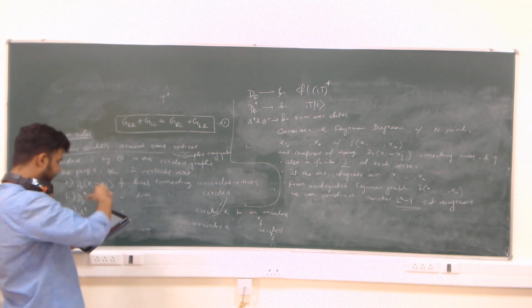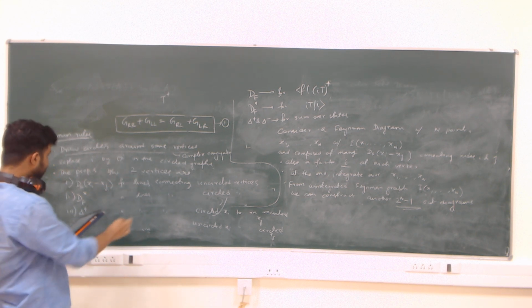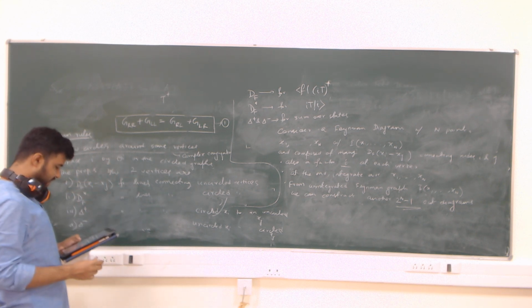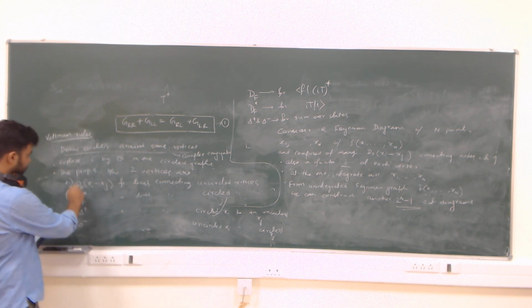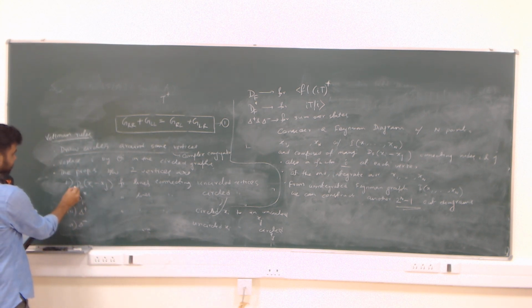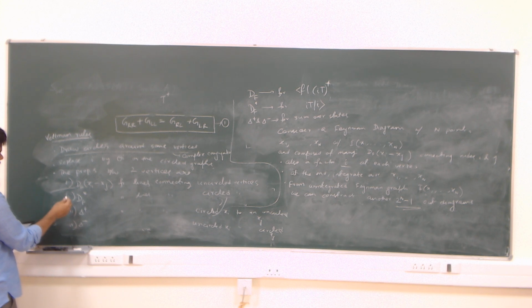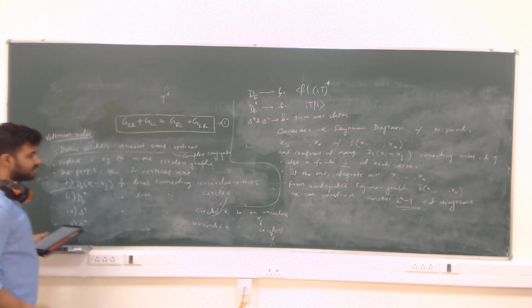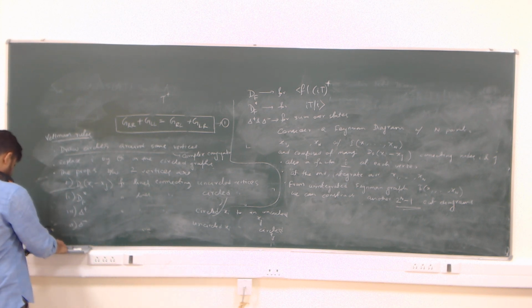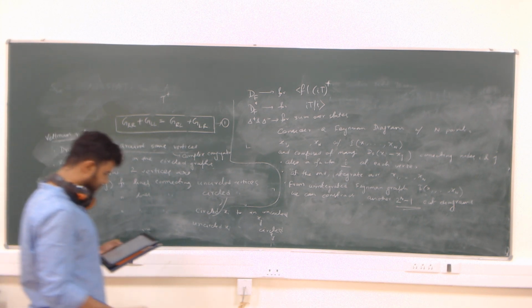Such that we have all kinds of combinations covered through these four kinds of propagators. In fact, this will be the propagator corresponding to G_RR, this will be for G_LA, and this will be for other cases. But in simple terms, that is what we talk about.